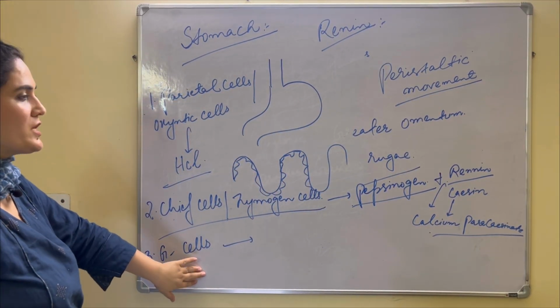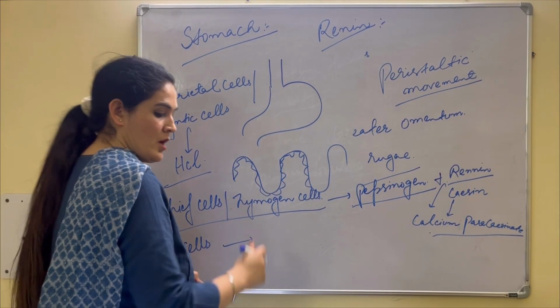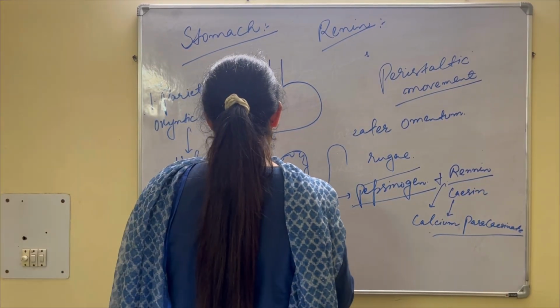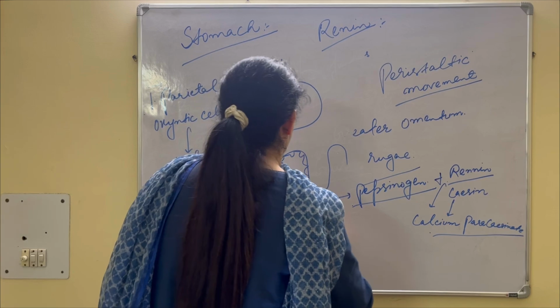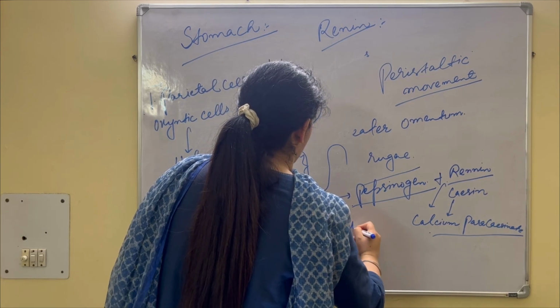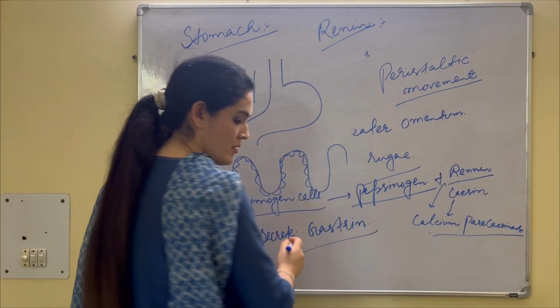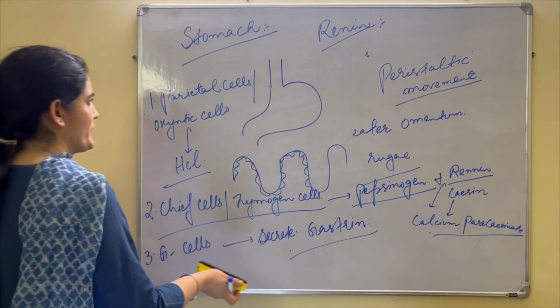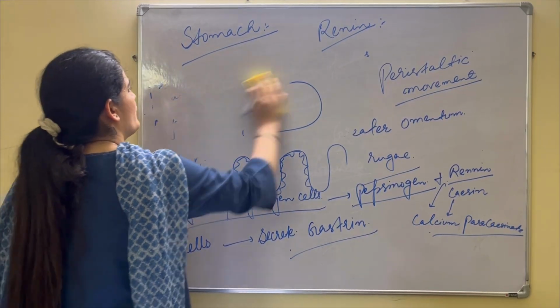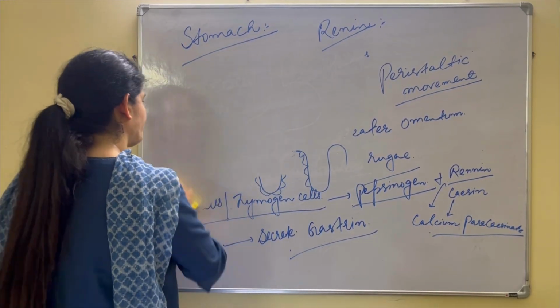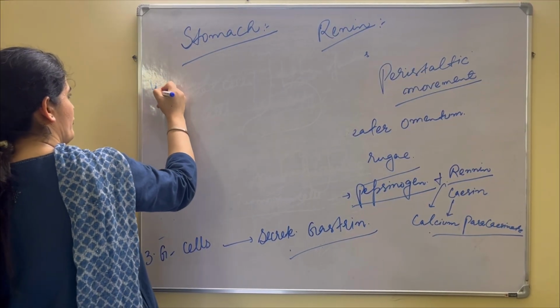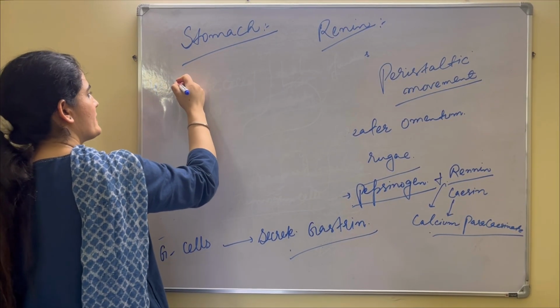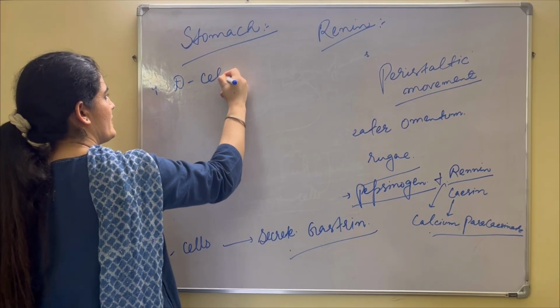Now moving on, G cells. G cells जो हैं, they secrete gastrin hormone. They release a hormone which is gastrin, and then we have D cells.